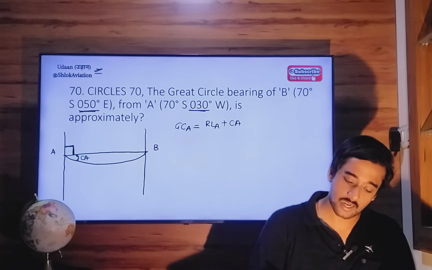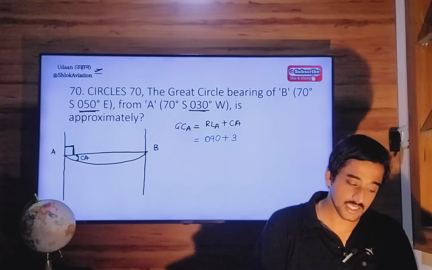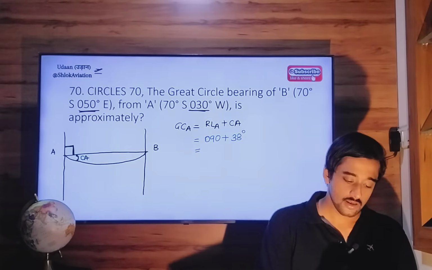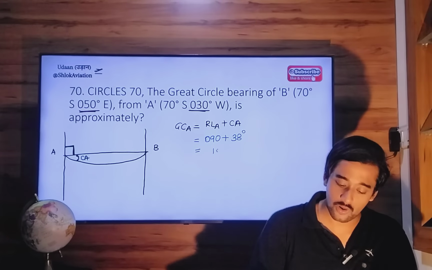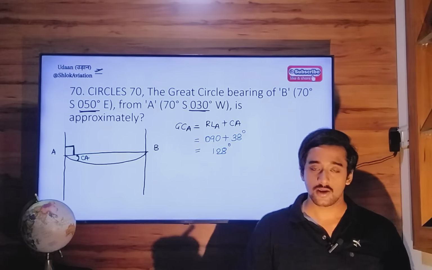So great circle track will be rhumb line 090 plus 37 degree 35 minutes, or approximately 38 degree. So that will be equal to 127 or 128 degrees. Select that option which is closest to this value.